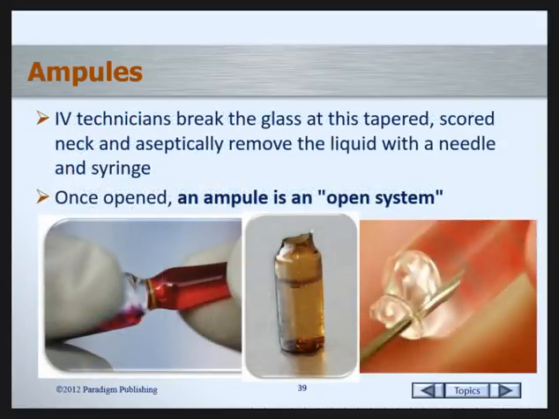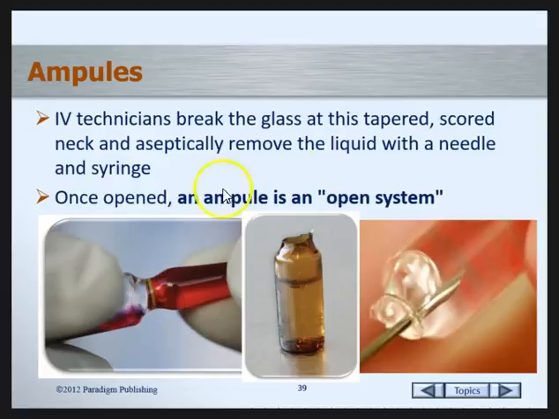So a tech is going to break the glass at the tapered, scored neck and aseptically remove the liquid with a needle and syringe. So here on the neck you see there's a painted ring. Like I said before, when an ampule is open, you not only could have glass shards, but you could perhaps also have paint get into the ampule itself, and that's why we need to use a filter needle.